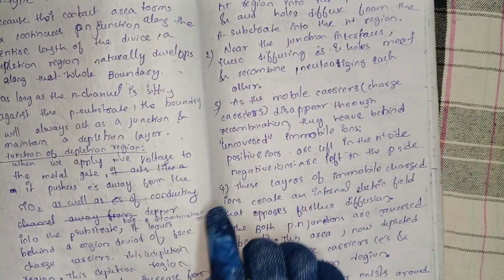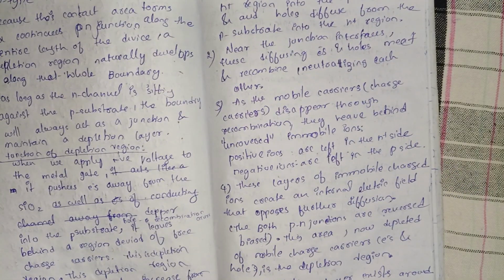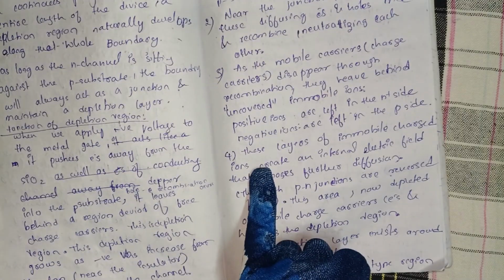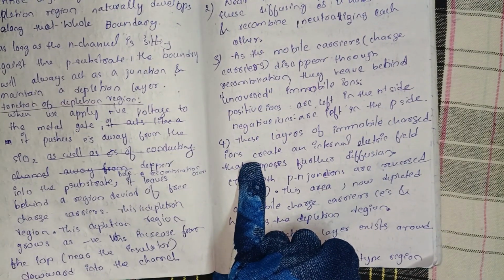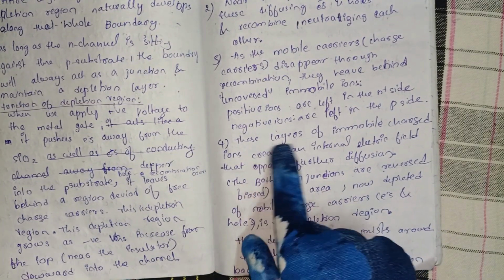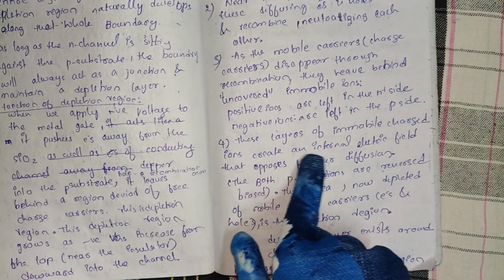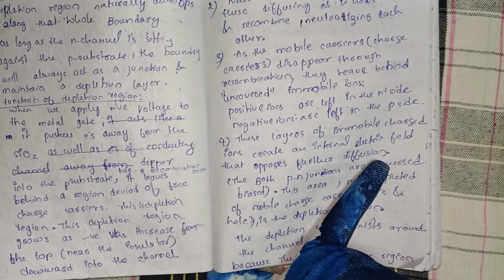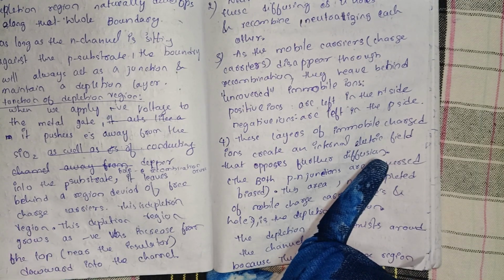So these layers of immobile charged ions create an internal electric field that opposes further diffusion. Diffusion of what?